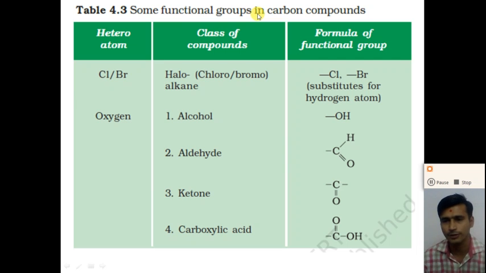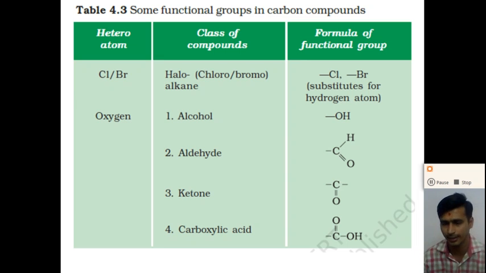So what is a functional group? An atom or a group of atoms which decides the property of the carbon compound is called the functional group, right? It can be a single atom, like chlorine, bromine, oxygen, nitrogen.